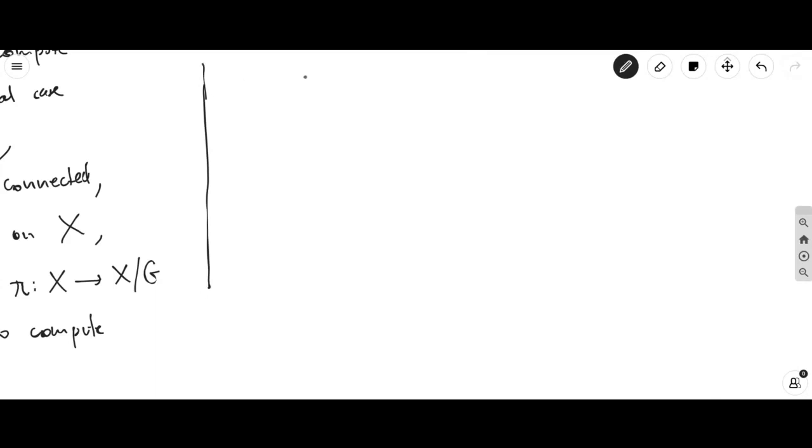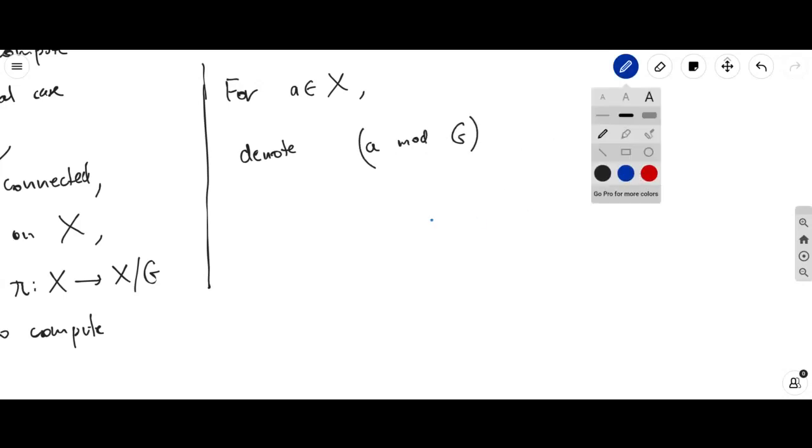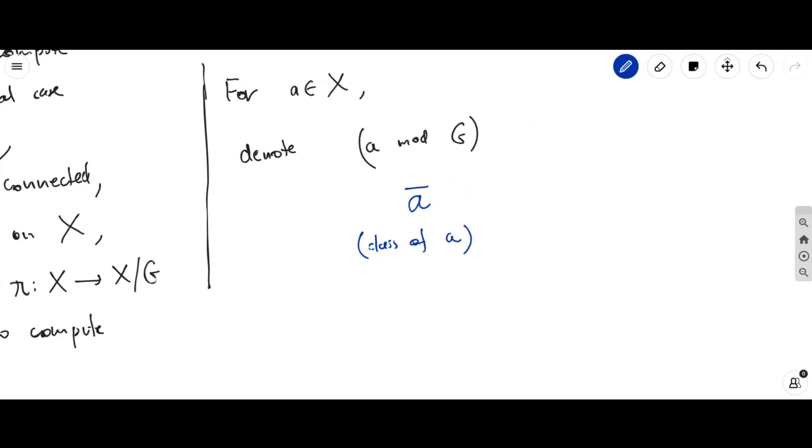So here's how this works. Let's pick some element A in X, and we're going to denote by A mod G, or another notation that I like to use which makes it simpler, A with a bar on top of it, the class of A. Now be a little bit careful.